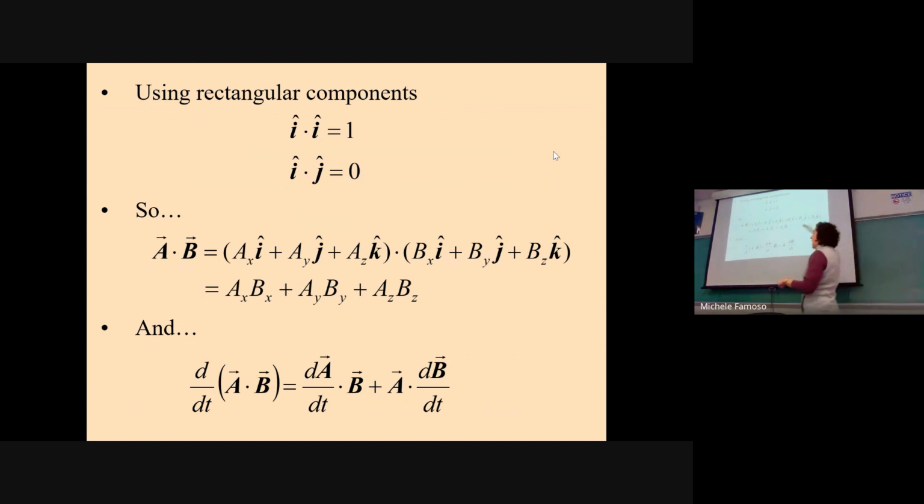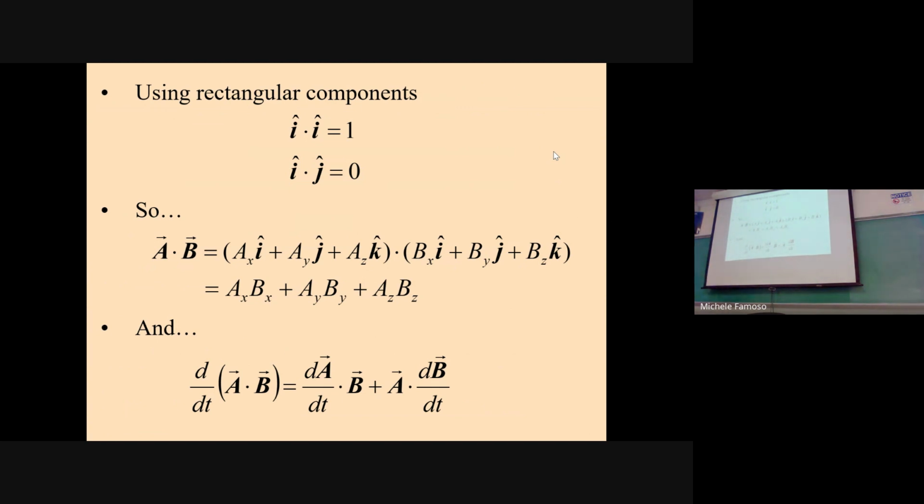So now, let's say I have vector A dotted with vector B, but both A and B are written with their IJK components. See that? When I do the distributive property, obviously I'm going to have AX I dotted with BX I plus AX I dotted with BY J, and so on and so forth. But notice that I can reduce that down to just this.